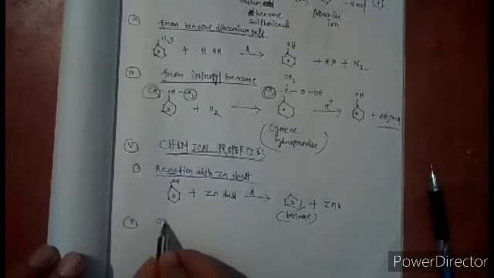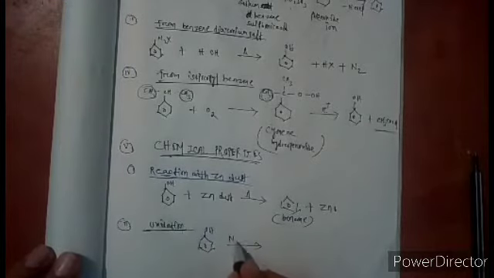Then oxidation. What is oxidation? When phenol is treated with Na2Cr2O7, that is sodium dichromate, it results in benzoquinone.